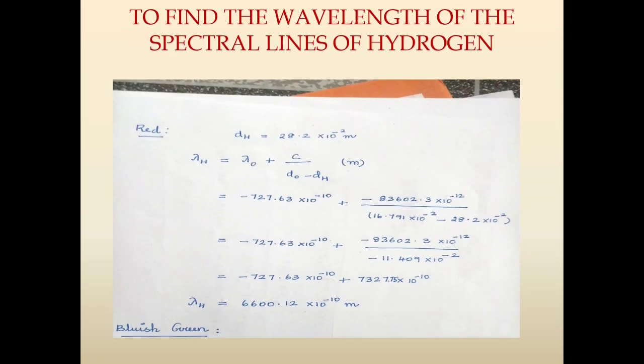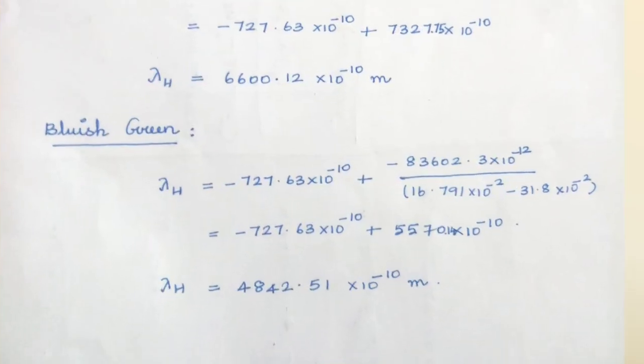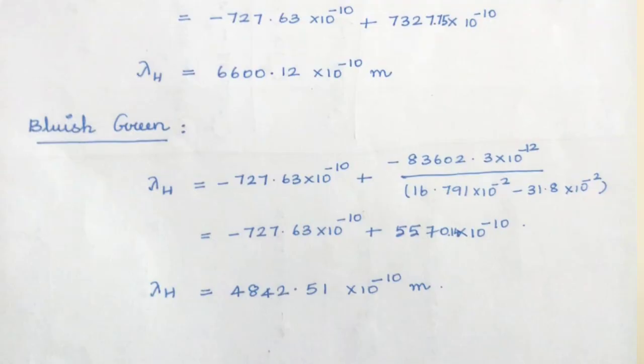Next, let us find out the H beta value, that is for bluish green. For bluish green color, the scale reading DH is equal to 31.8 into 10 power minus 2 meters.